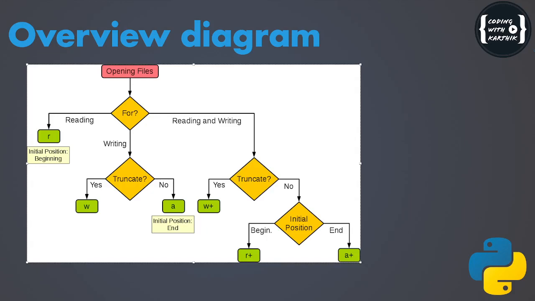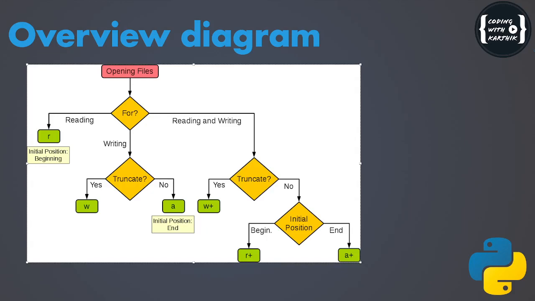For both reading and writing, we can go with W plus mode, or if you don't want to truncate, we can go with R plus mode or A plus mode. Even here, if you want the cursor at the beginning, we can go with R plus mode. If you want the cursor at the end, we can go with A plus mode. So this is how things work.